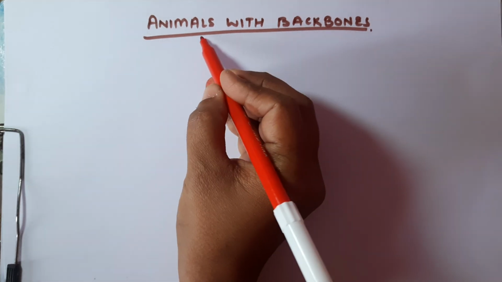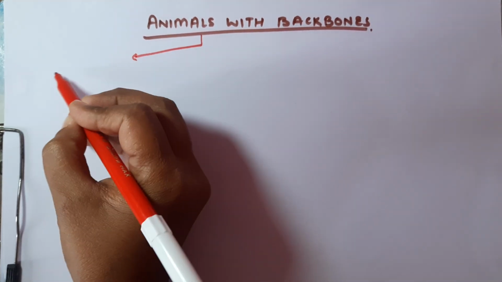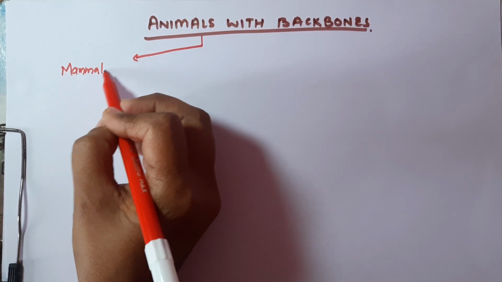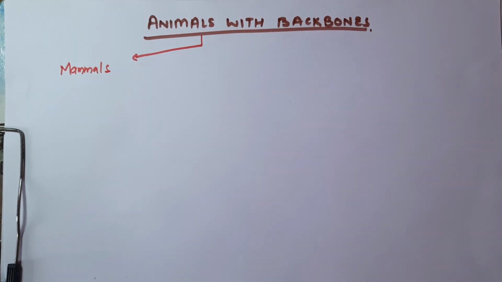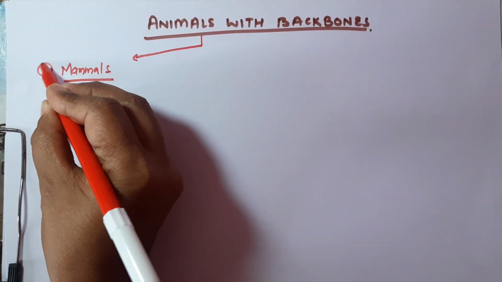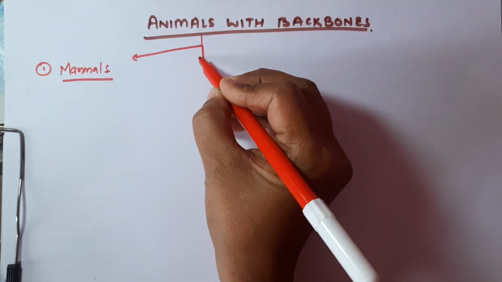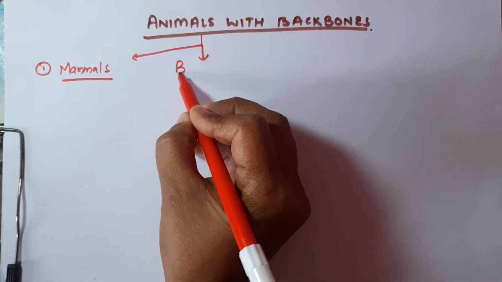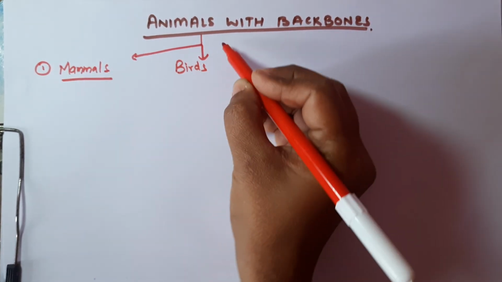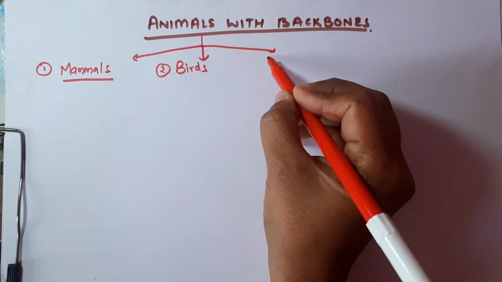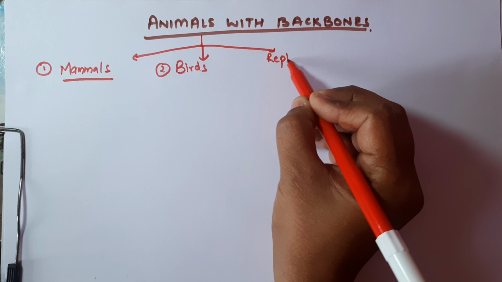So let's start with the mammals. What are the features of the mammals? First we will write the species with a backbone. The first is the mammals, then the birds, this is the second, then reptiles, they also have backbones.